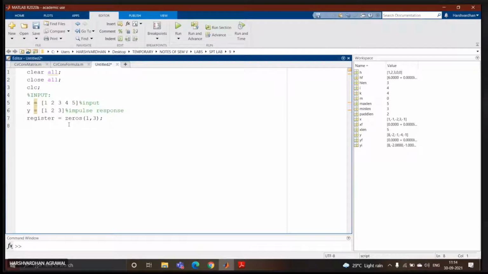Now you have to use a for loop. Yes, sir. And how long will the for loop go?